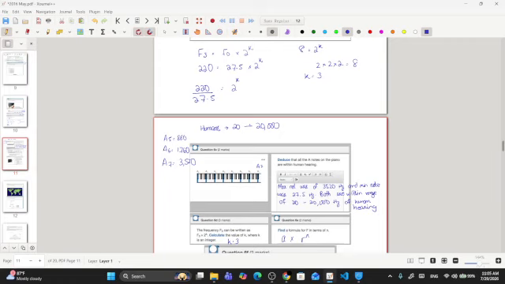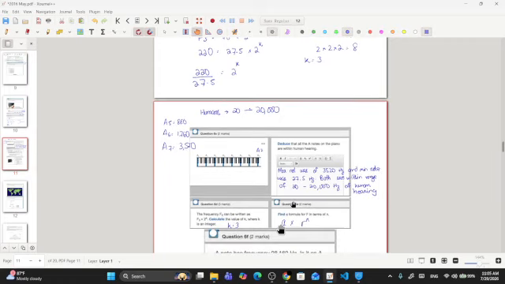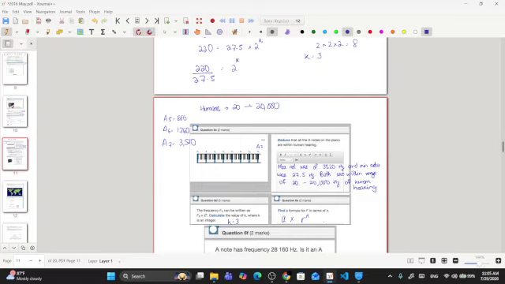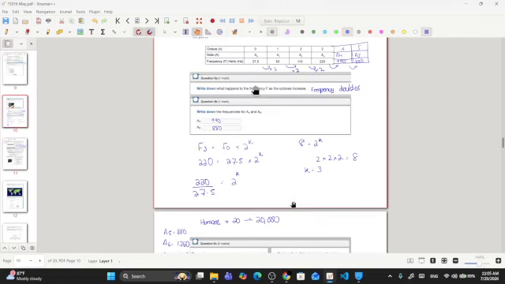Now, a is supposed to be the principal term or the first term of the sequence, which becomes 27.5. r is the common ratio. The common ratio is basically the next term divided by the previous term. So that value is supposed to remain common, right? It's supposed to remain the same everywhere.